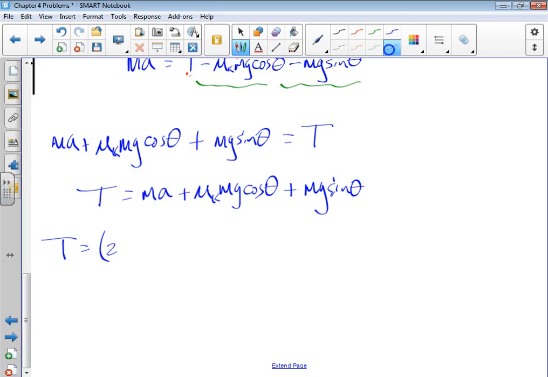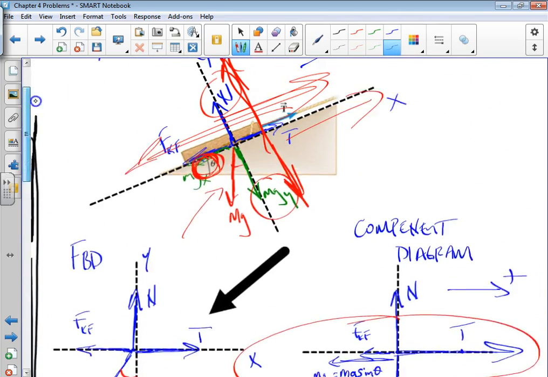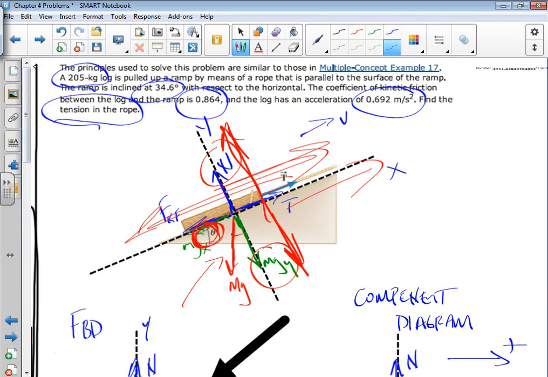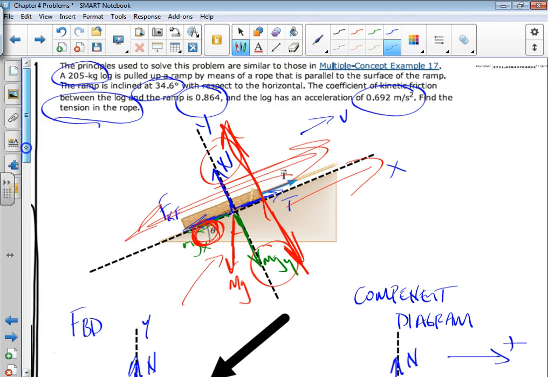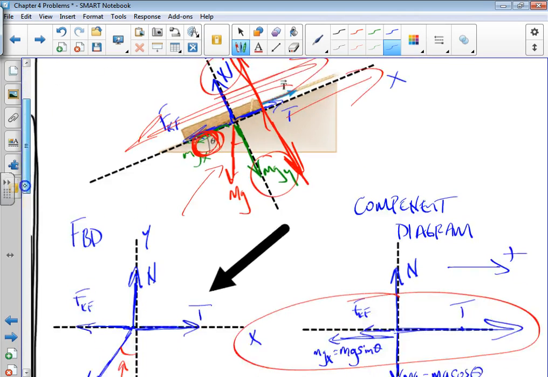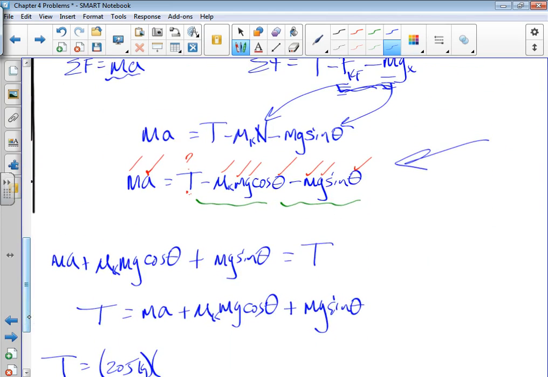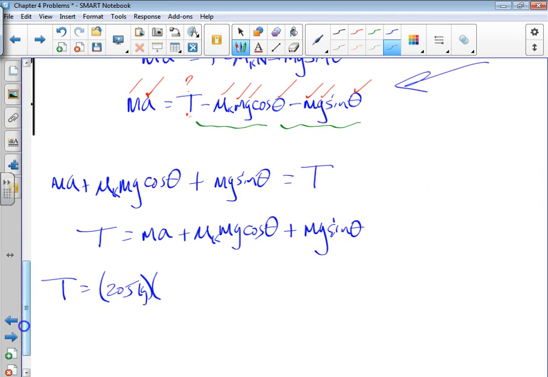So I'm going to try to do this. Remember, 205 is kilograms. All the way back up here, 0.692. That's an acceleration of 0.692, which is in the positive direction because we made up the ramp positive, so we're good there. Meters per second squared.